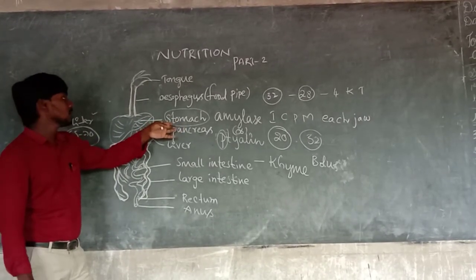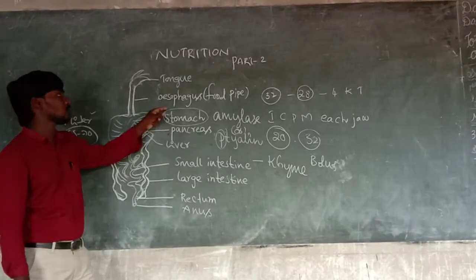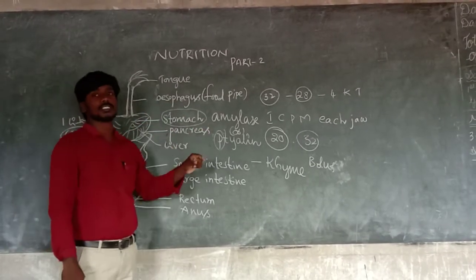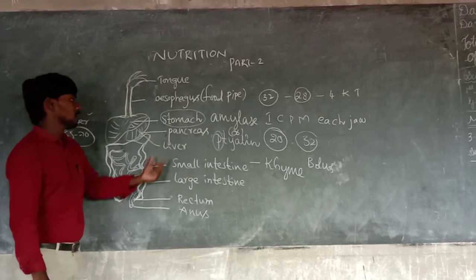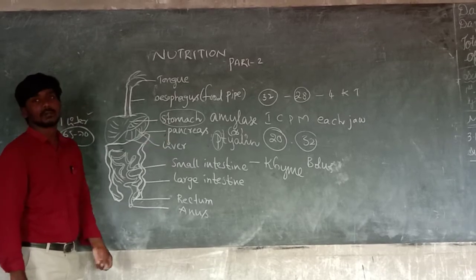In the stomach you have different types of enzymes released, different secreted juices from the pancreas, liver, small intestine, large intestine, and the stomach also.